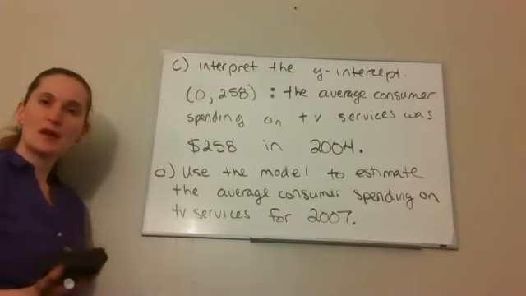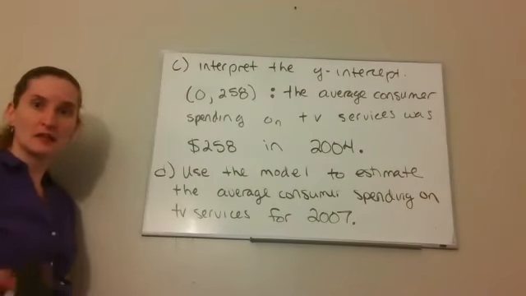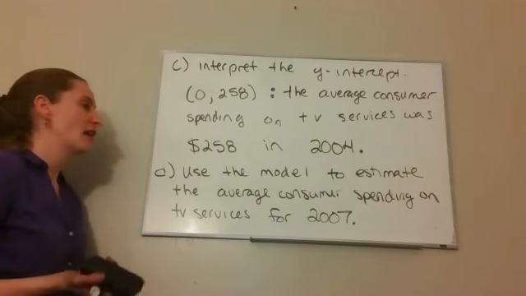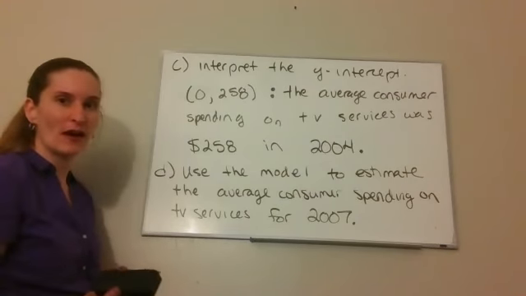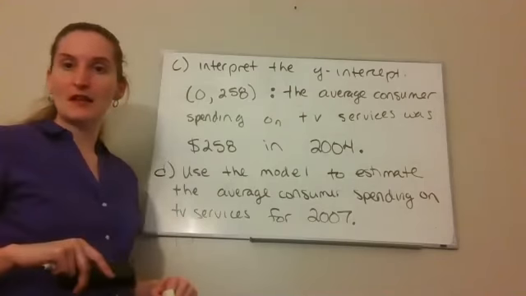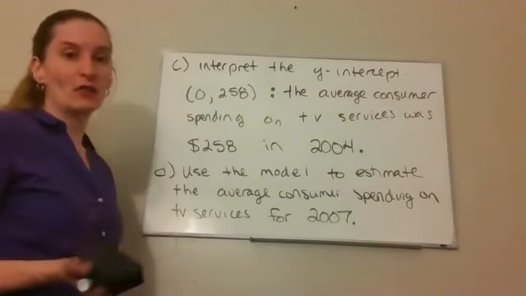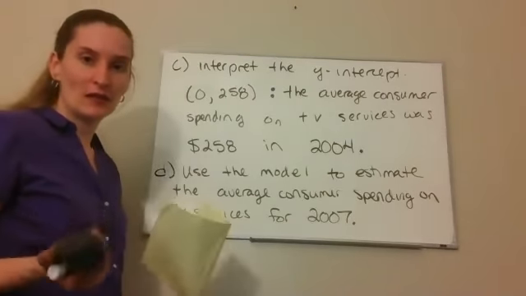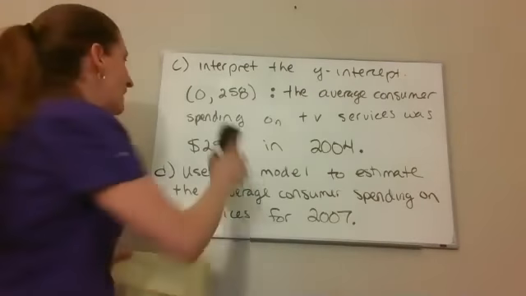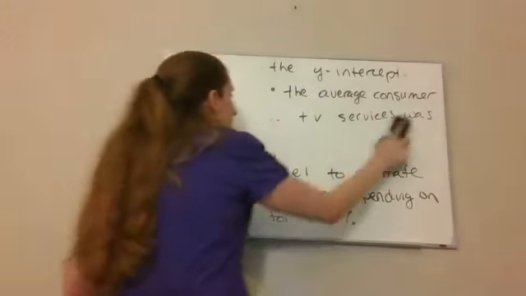So we're going to use our model from part A. That was our linear equation. And then we need to plug in a value for our x to represent this year 2007. And then we'll find out what the y value is. That's the average consumer spending.